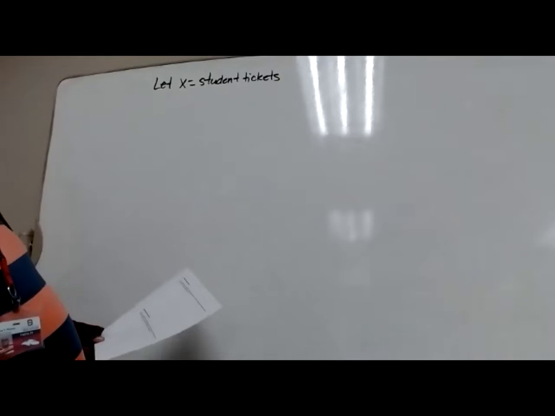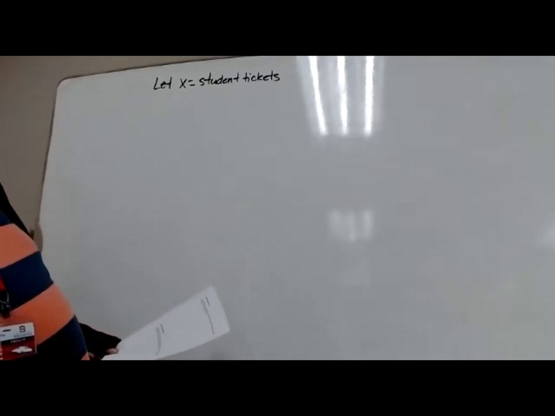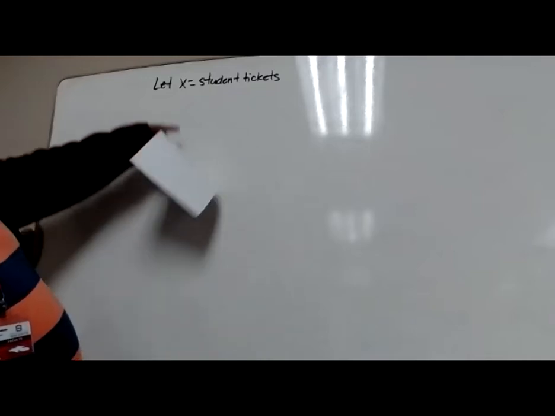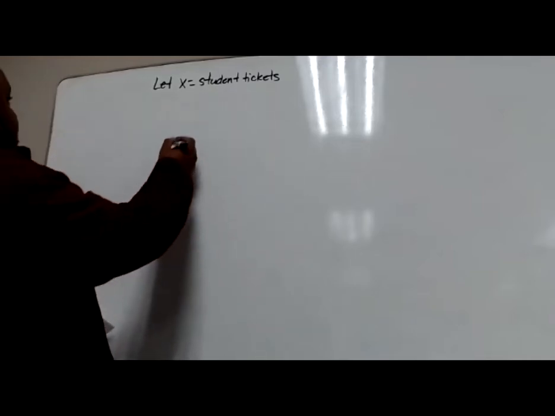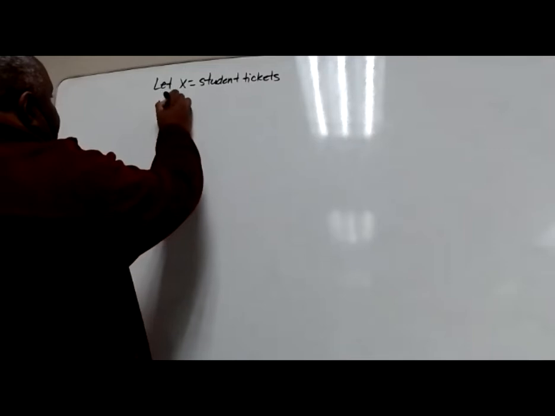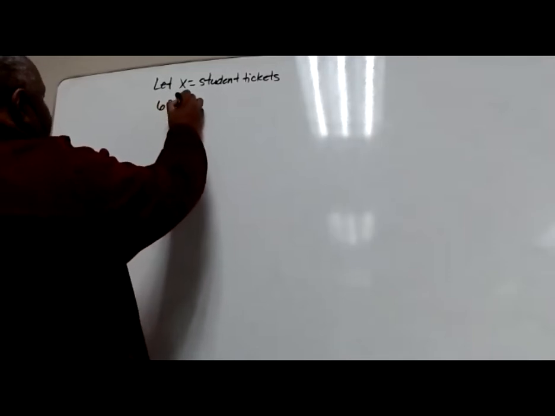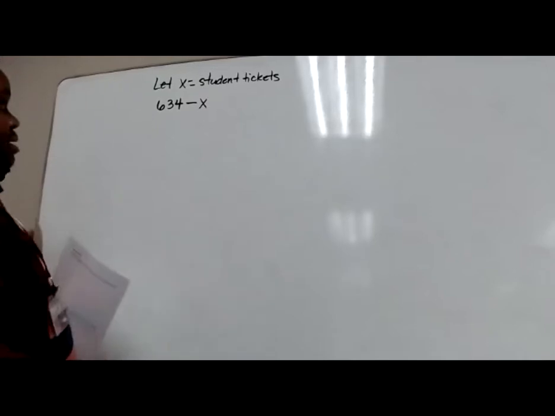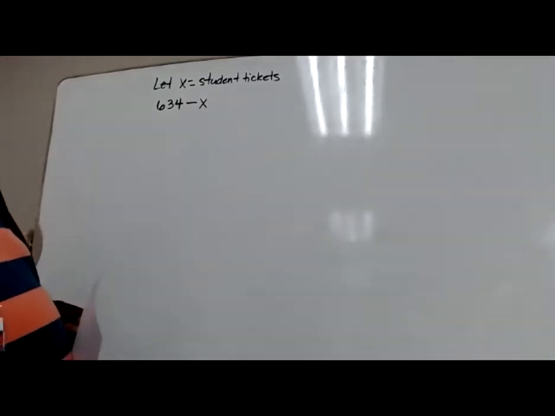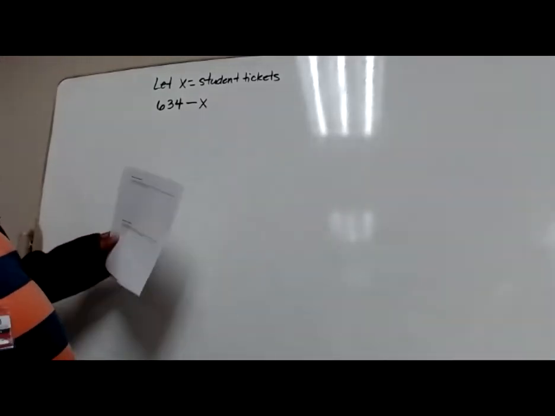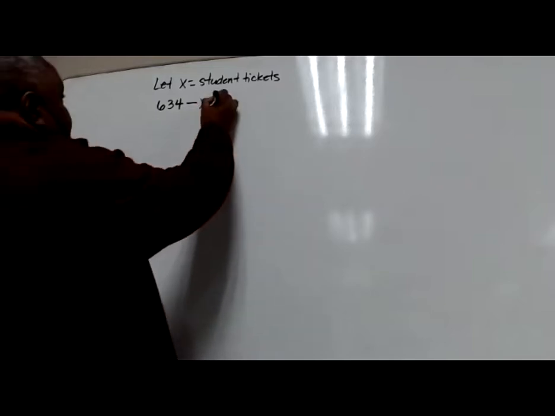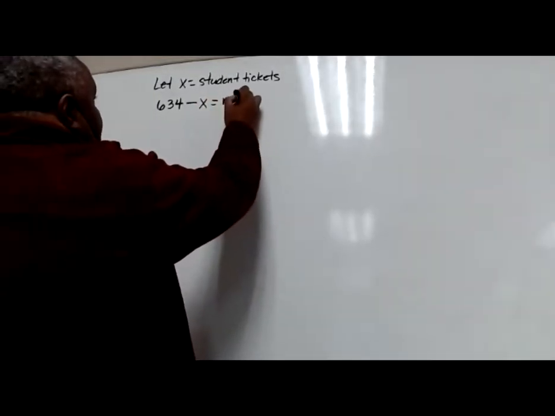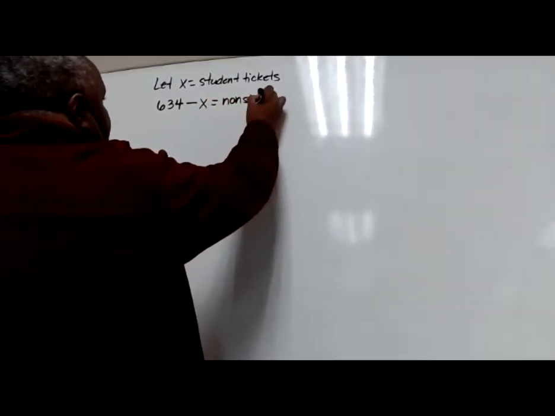If X is going to be the number of student tickets, we also have non-students. There were 634 tickets sold, and X is the number of student tickets. So I'm going to take the total number of tickets, which is 634, subtract X from it. And whatever 634 minus X is, will represent the number of non-student tickets.